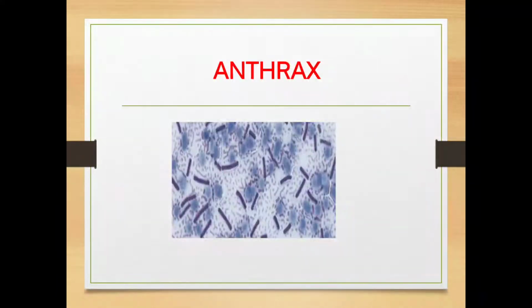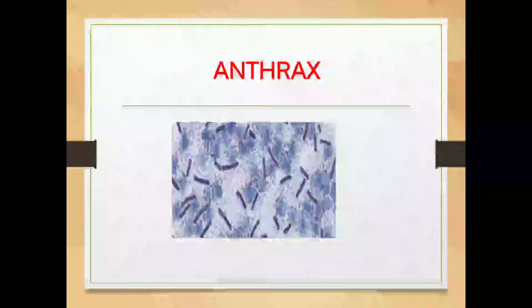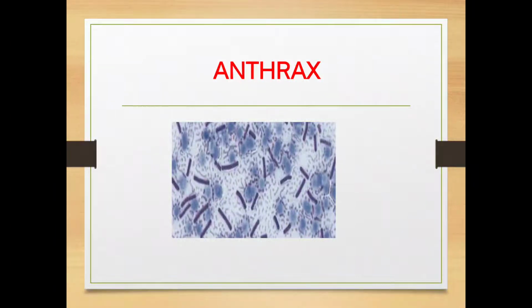This is one theory, the log jam theory, and the other theory is based on the toxins. Recent studies have shown that Bacillus anthracis produces potent toxins that affect the central nervous system, leading to the formation of edema and tissue damage, leading to shock, and ultimately to the death of the animal.